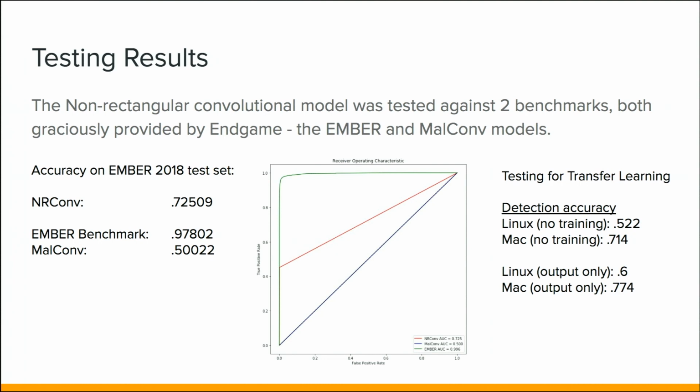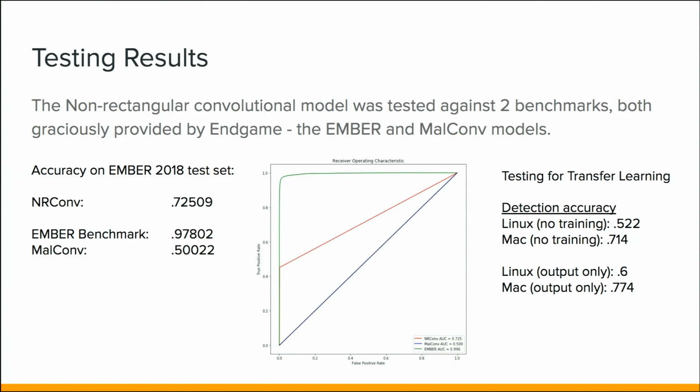So we found that vanilla Malconv did not perform very well on the Ember 2018 test set. And we performed a little bit better, right? But what I really want to draw attention to, and what was interesting, was that we ended up with a not at all production grade, roughly 72% accuracy.